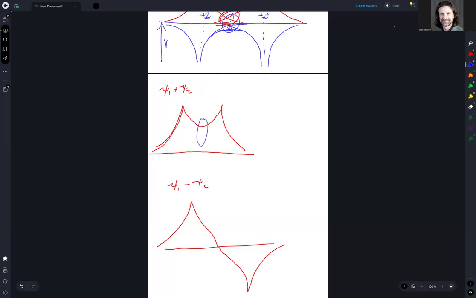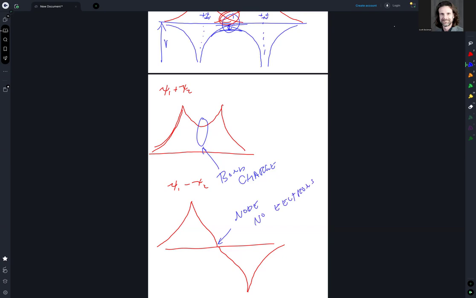Now, where you have this buildup, this is the shared electrons or the bond charge. And here you have an absence of electrons, remembering that your charge density is the mod squared of the wave function. You have a node, or no electrons.